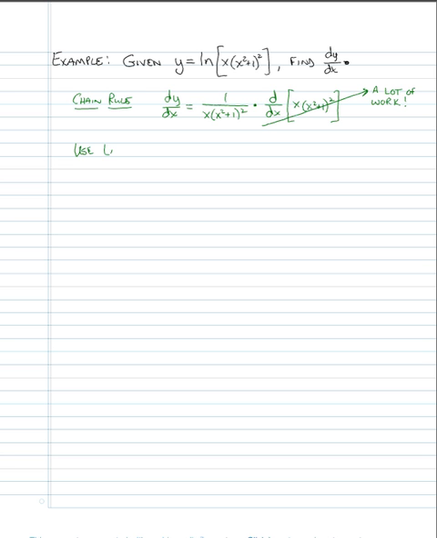If we use laws of logarithms on the original function before we find the derivative, not after we started finding the derivative. So on y equals natural log of x times (x squared plus 1) being squared, if we take that function and apply laws of logarithms, we'll get something easier to deal with.